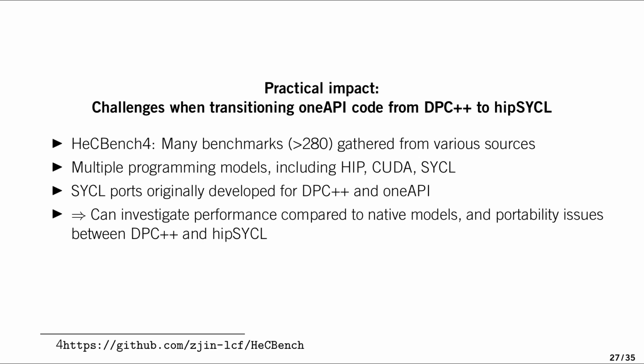And those benchmarks are provided in multiple programming models, in particular, including HIP, CUDA, and SYCL. And the SYCL ports, importantly for us, were originally developed for DPC++ and oneAPI. And that means that we can investigate performance compared to native models and also investigate potential portability issues when moving from DPC++ code to hipSYCL.